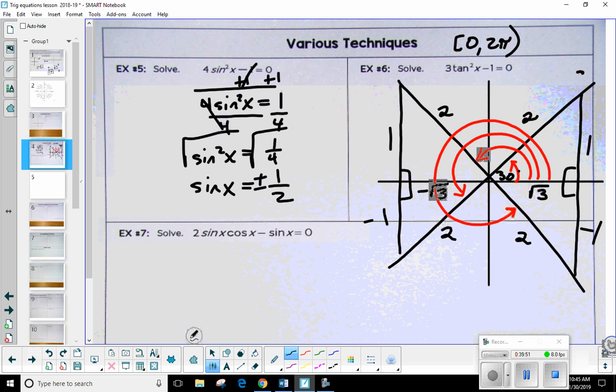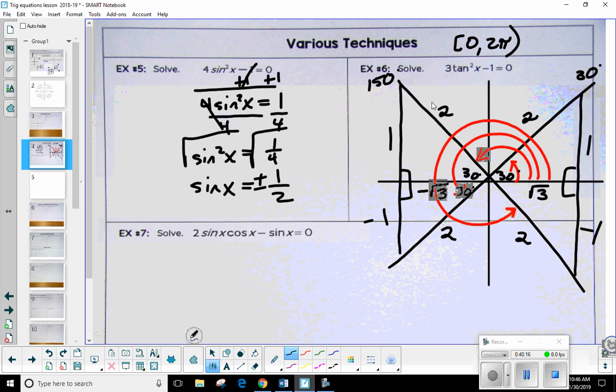So my first solution would be 30. Now how far do I have to rotate to get that reference angle again, if I wanted to have 30 left over before I got to the x-axis? So that would be 150. Now I'm going to add another 30 to 180 because this one right here is 30 degrees as well.